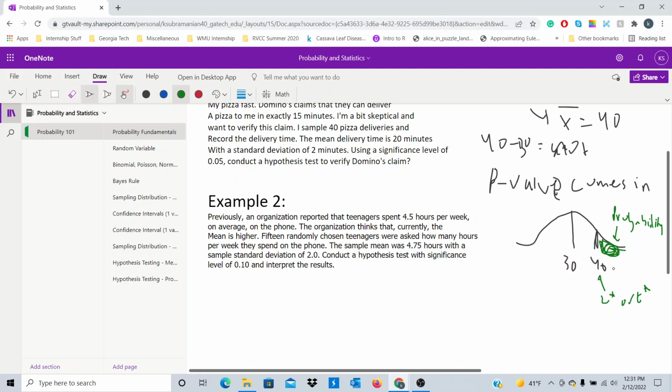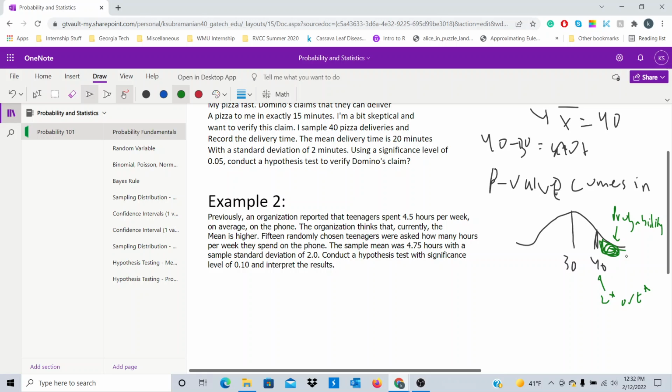And we value things that are rare, just like how we value rare diamonds in the real world. We value extreme observations, because if it's very unlikely that we get a sample whose mean delivery time is more than 40 minutes, it probably means that this sample has a statistically significant difference against the proposed 30-minute delivery time by the pizza parlor. And thus, we don't really have as much faith that the pizza parlor's claim is true.